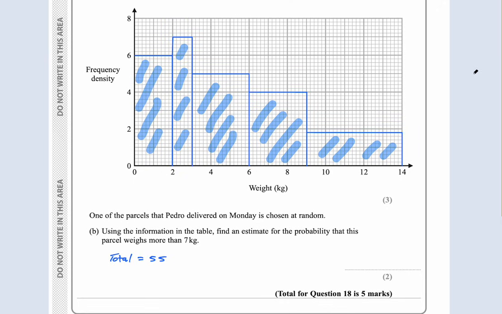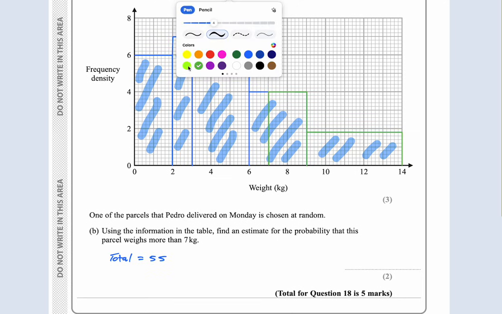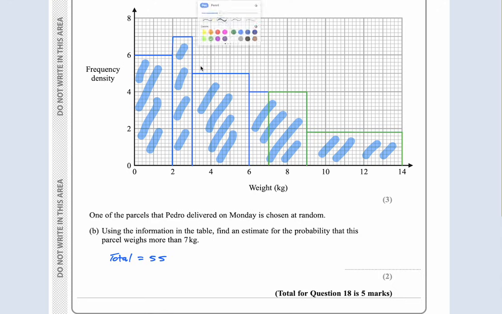More than 7, guys. So if it's more than 7, I'm going to go to 7, and I'm going to go here. So now I'm looking at this area, this green area, plus this green area. So I need to find this area plus this area.